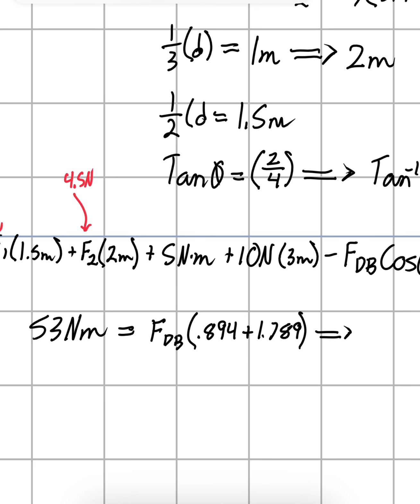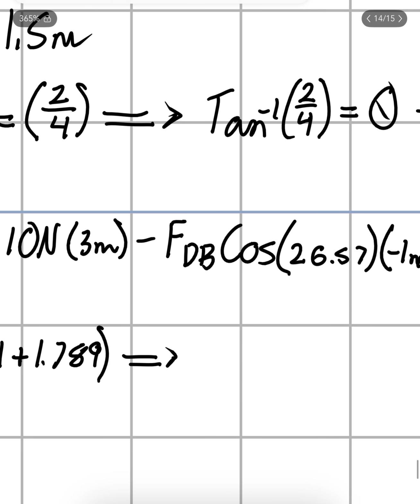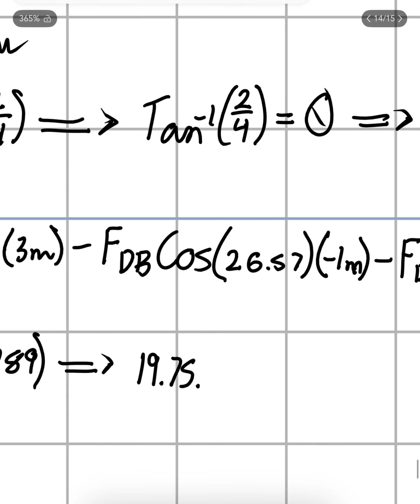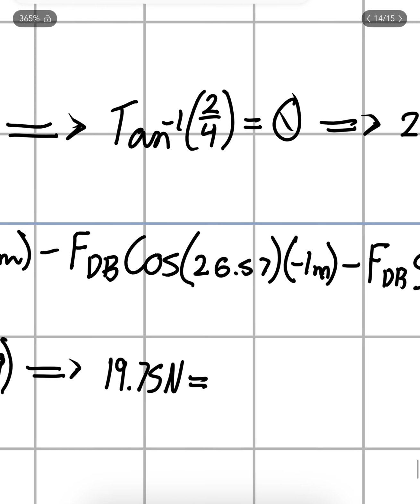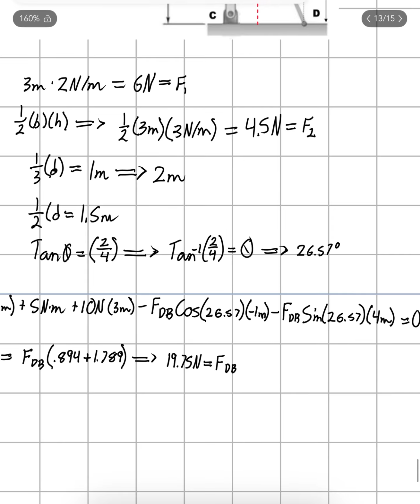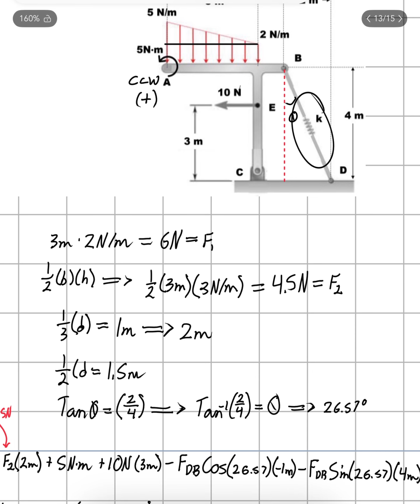And we get approximately 19.75 newtons. And that is our FDB, or essentially the force in this cable right here.